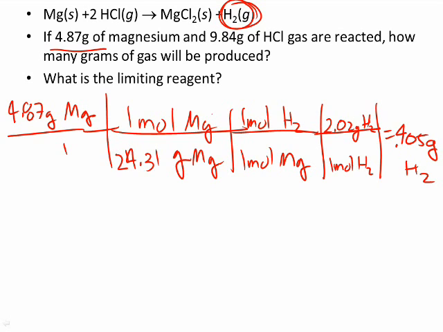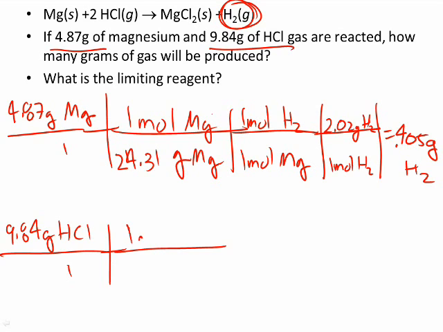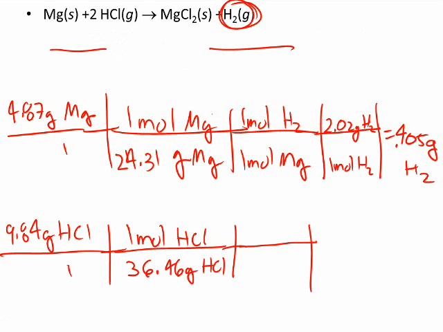All right, now let's see how much will be produced from 9.84 grams of hydrochloric acid. We have 9.84 grams of hydrochloric acid. 1 mole of hydrochloric acid is 36.46 grams of HCl. In the equation, we have 2 moles of HCl per 1 mole of H2.